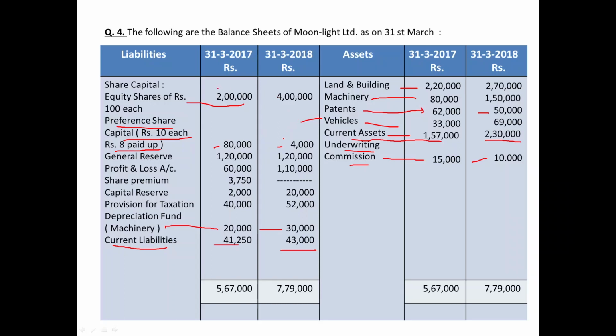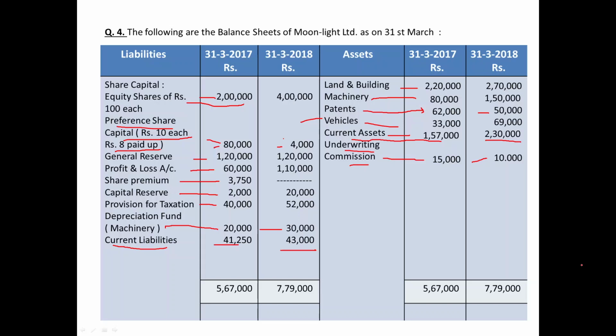Equity share capital over, preference share capital over, general reserve over, profit and loss balance over, share premium opening balance only, we already discussed it, also with ledger account over, capital reserve over, it was related with land account transaction, taxation provision over, depreciation fund machinery over, current liabilities item of working capital schedule over.